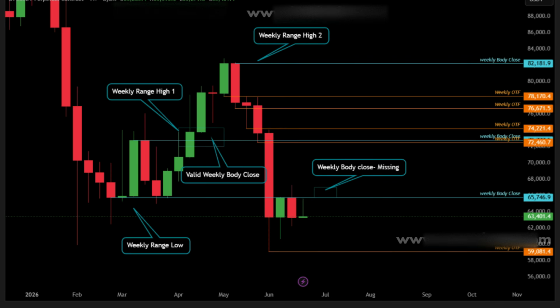Now we can see the weekly body close level, that is weekly range low, $65,746.